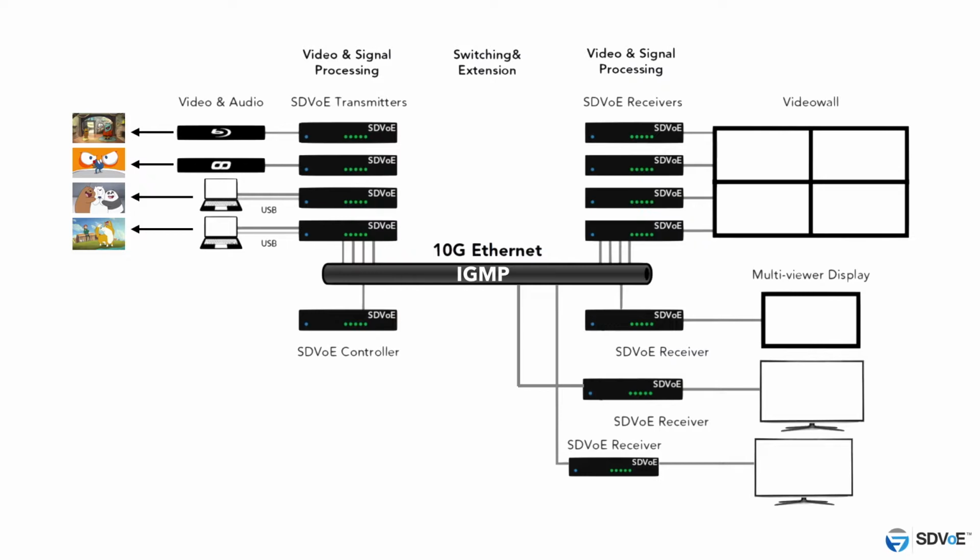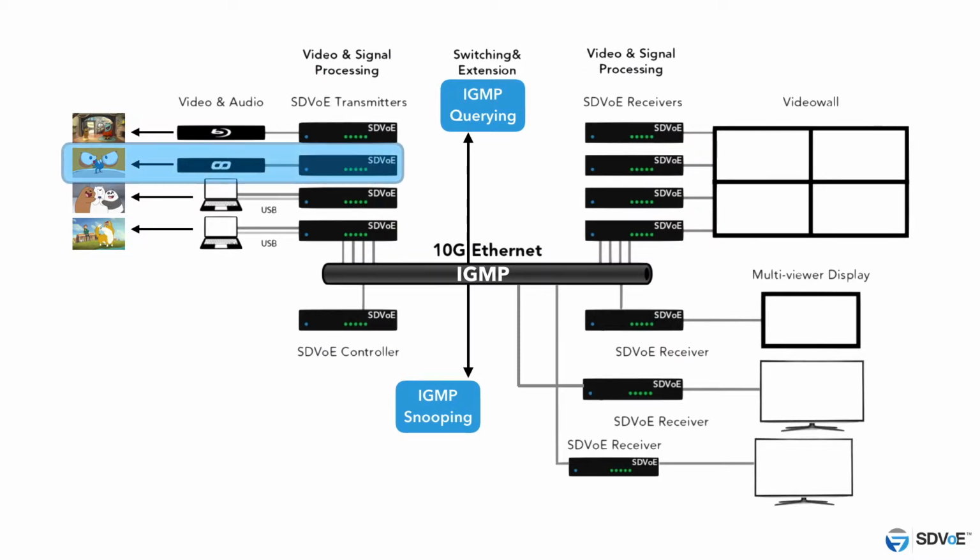IGMP has two key features: querying and snooping. Once the SDVoE transmitter has identified the HDMI video and the HDMI audio connected to it, it will inform the IGMP querier inside the switch that it has these ready to go.